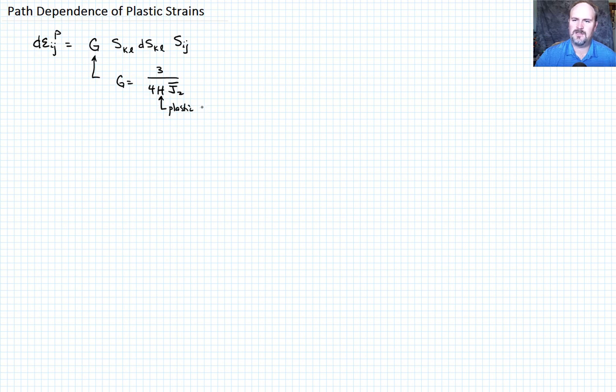Okay, so this is just a brief refresher of what we talked about previously. So we can call this equation 1, and maybe this we can call equation 2.